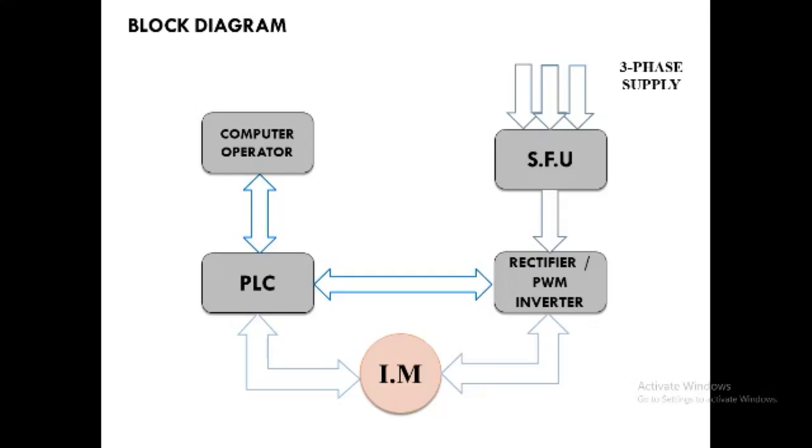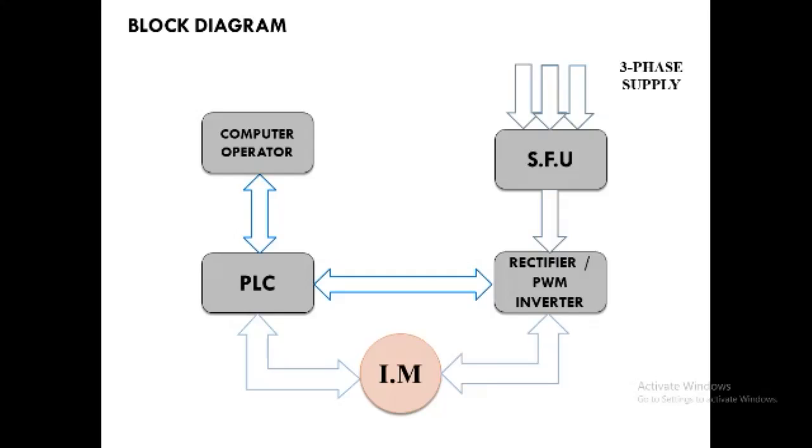The output of this overcurrent relay will be given to the contactor, and at the last, the output of this contactor will be given to the rectifier system. So all this combination of HRC fuse, relay system, and contactor combines together to form a single unit, and that single unit is known as switch fuse unit.